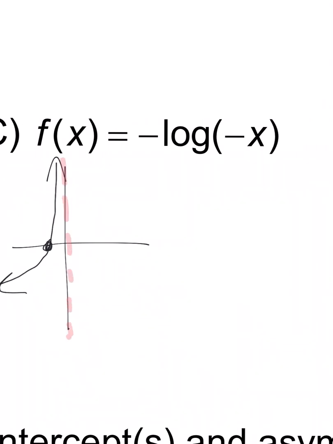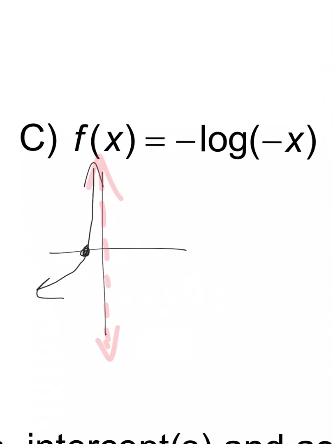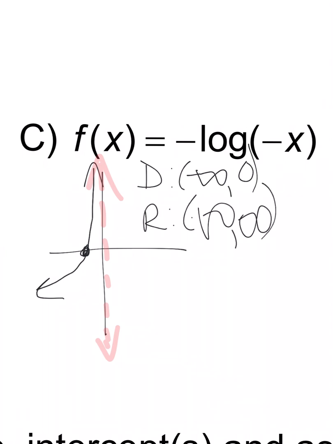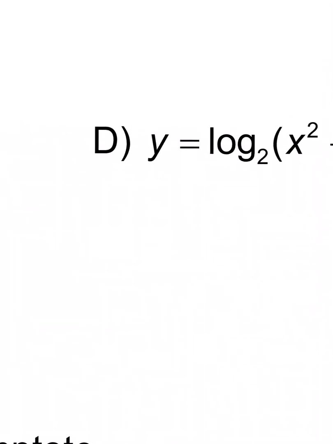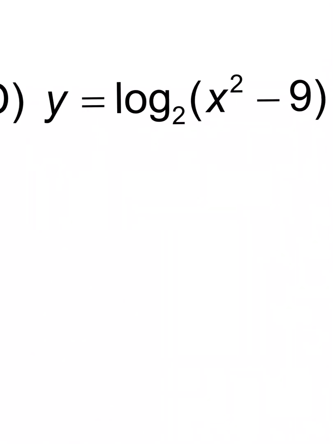I'll just shade it in red right there. So our domain would be, as we see, going from left to right, -infinity to 0, and the range is all real numbers. Sorry for the sloppy infinities. I hear sometimes they're rough on the iPad.